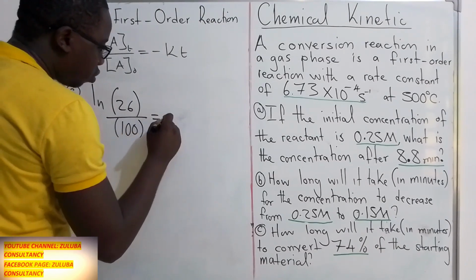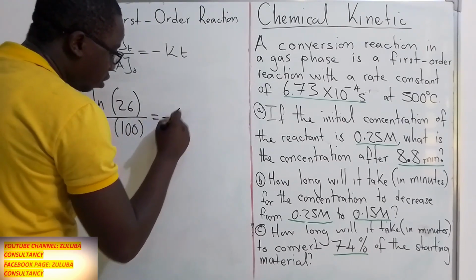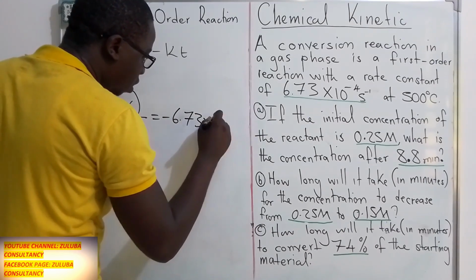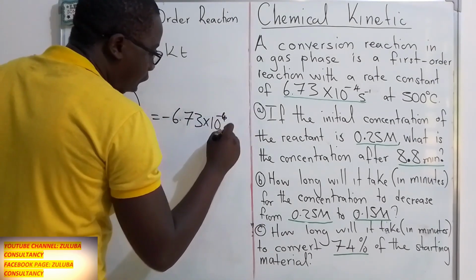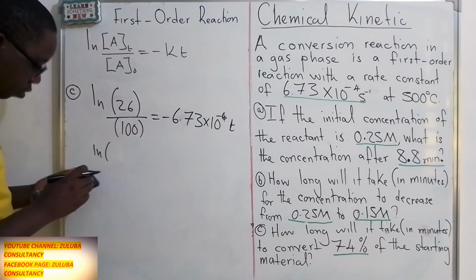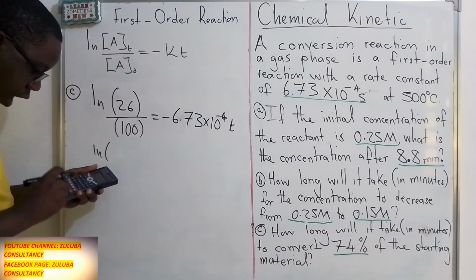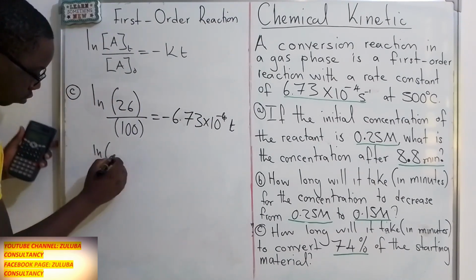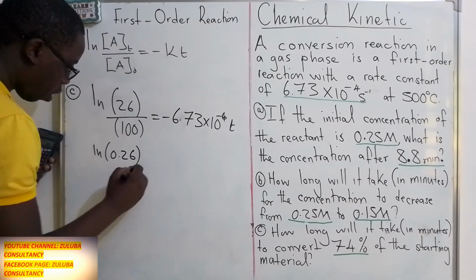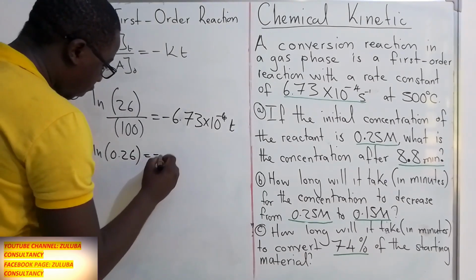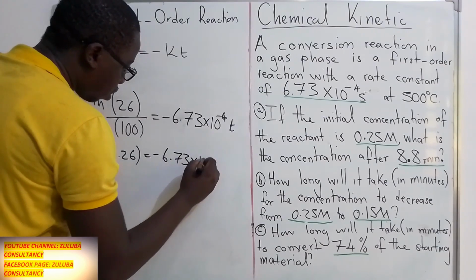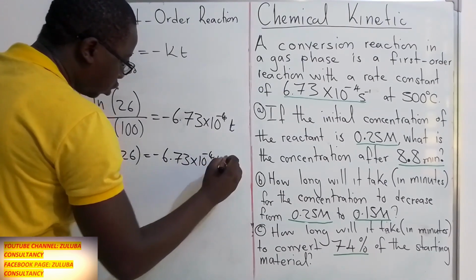Then this is equal to negative of the rate constant, which is 6.73 times 10 to the power negative 4, and the time that we have been asked to calculate. At this time, let's divide 26 and 100. It is giving us 0.26. This is equal to negative 6.73 times 10 to the power negative 4 t.